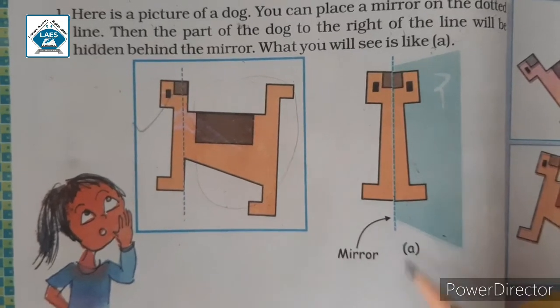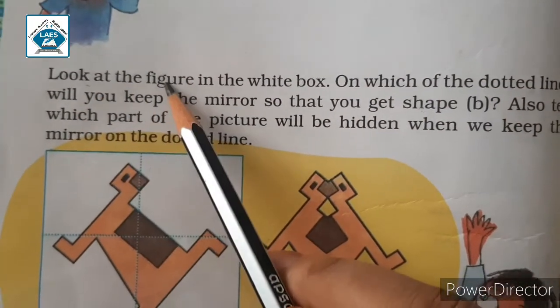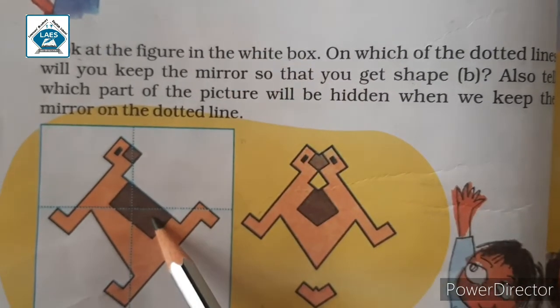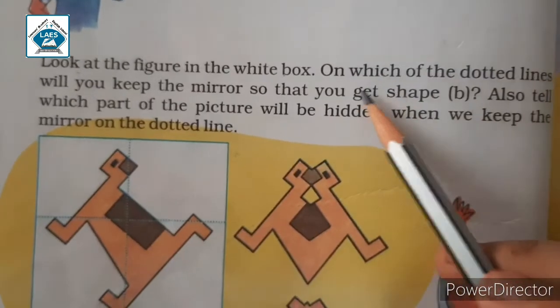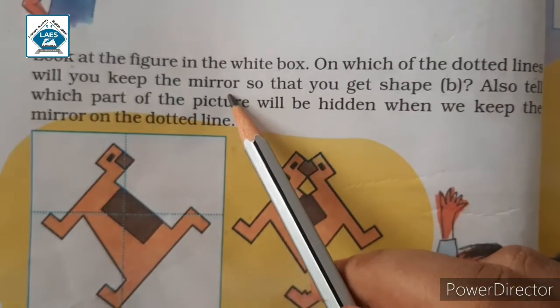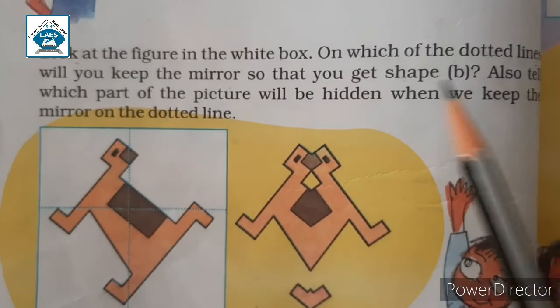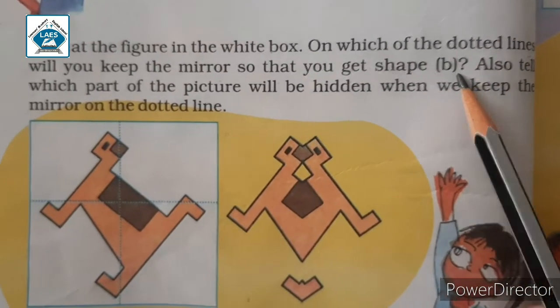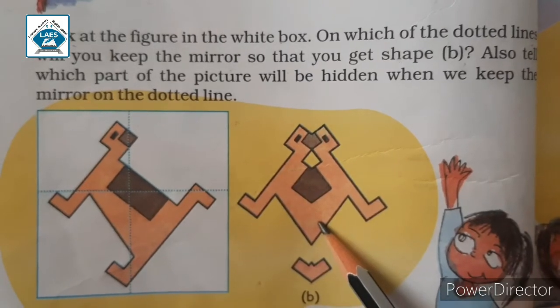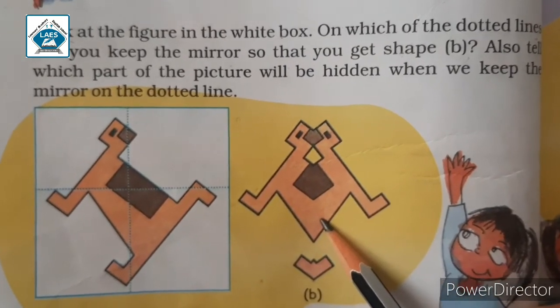Give the answer. Now look at the figure in the white box. On which of the dotted lines will you keep the mirror so that you get shape B? Here is the shape B. It is a mirror half.